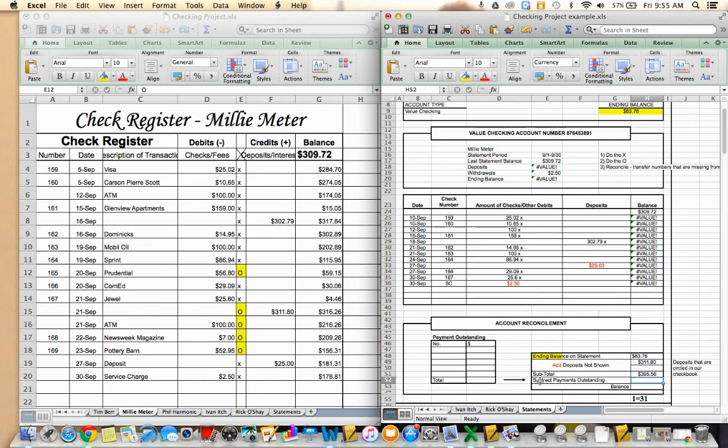Next step is to figure out payments outstanding. So payments outstanding, remember that O in outstanding means circles. So I always tell my students to write themselves a note. Let me see if I can find a place to write it. Payment outstanding is checks and ATMs circled in checkbook.